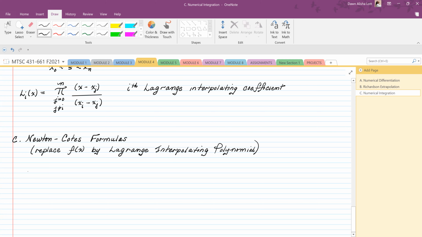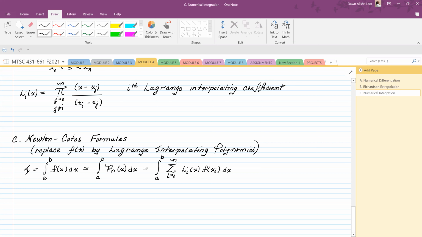Okay, so my integral I is the integral from a to b of f of x dx. And instead, this is going to be the integral from a to b of my Pn of x dx. But that's just the integral from a to b, and now I'm going to have the sum i equals 0 to n of Li of x times f at xi dx.